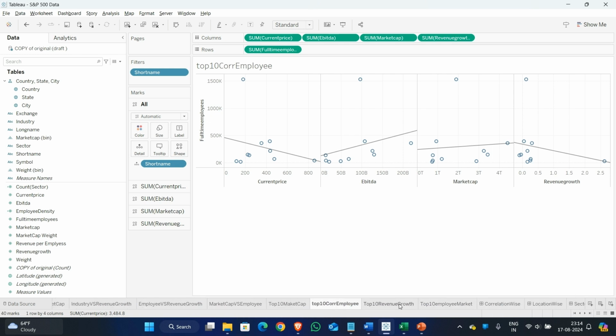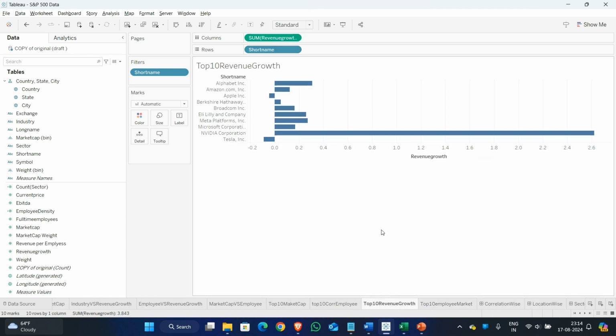And moving on to the revenue growth, Nvidia has the highest revenue growth compared to any other top 10 companies, and noticeably Tesla and Apple has a negative revenue growth in the S&P 500 top 10 market cap companies.